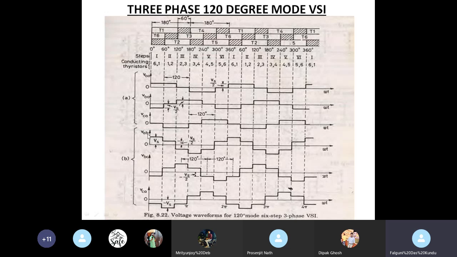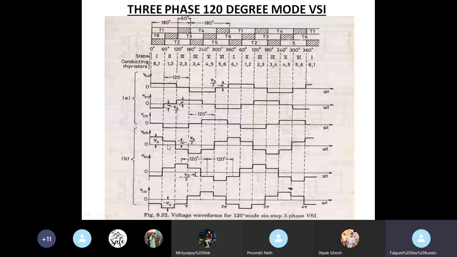So VAB is nothing but VAO minus VBO. In the duration 0 to 60, VAO is Vs by 2 and VBO is minus Vs by 2. So Vs by 2 minus of minus Vs by 2 becomes only Vs. Okay. So that's why this is Vs.